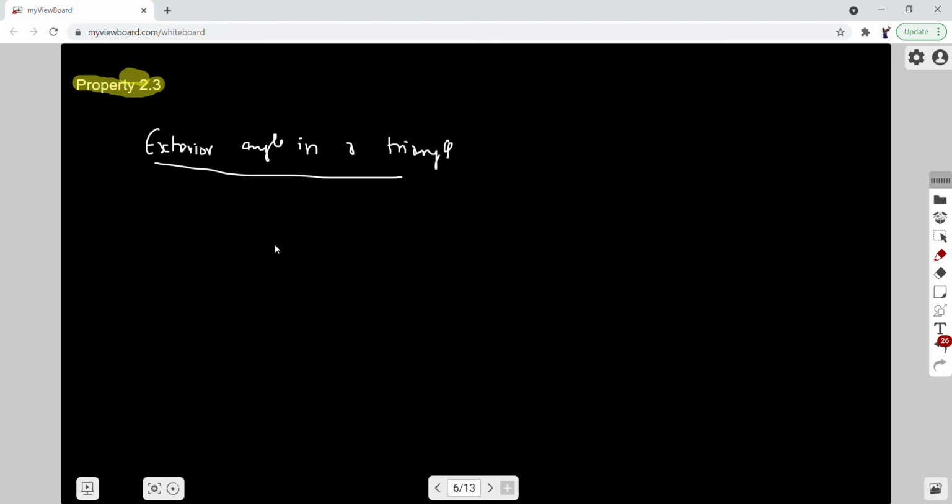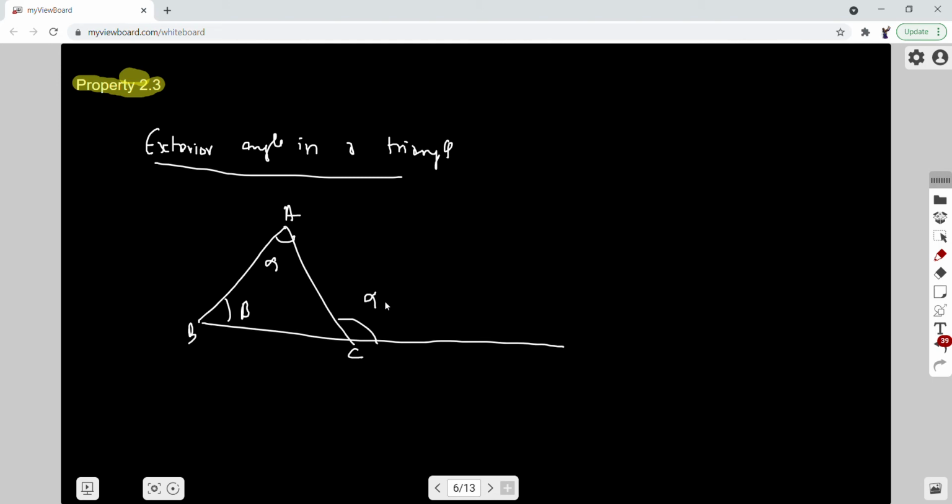So if we have a triangle and I extend the line here, A, B, C, we call this angle exterior angle, and if this is alpha and this is beta, we say this as alpha plus beta, because this one will be 180 minus alpha minus beta. And if we call this y, we say y plus 180 minus alpha minus beta is 180. So we get y equals alpha plus beta.